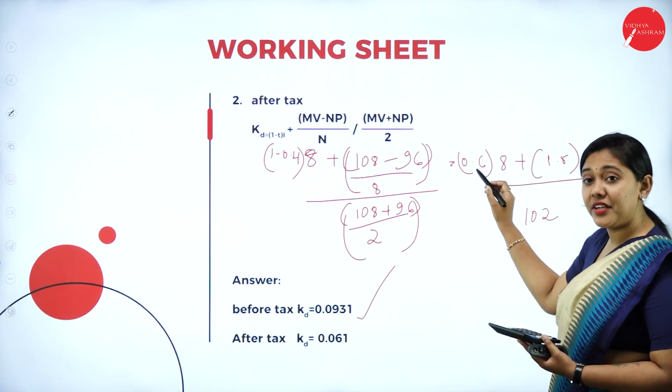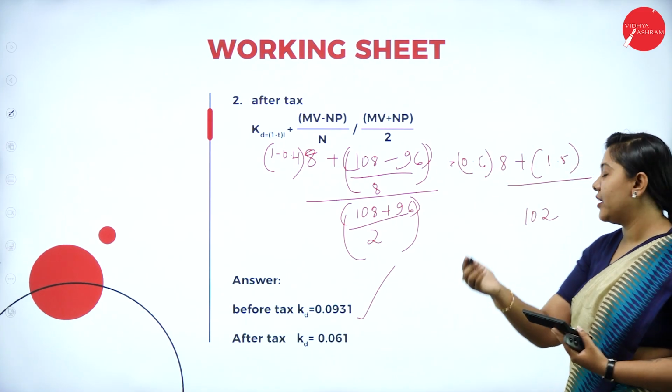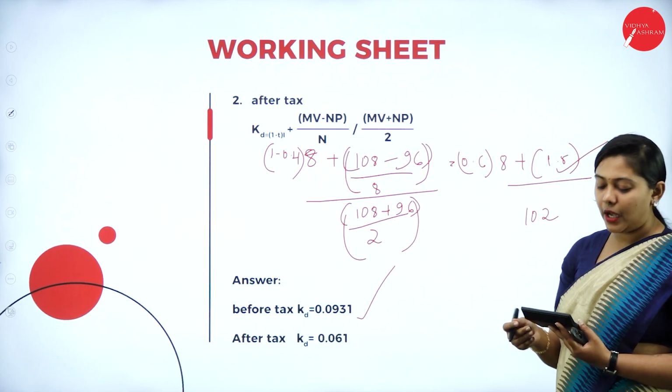Now let us multiply the tax factor with the interest and then add 1.5.